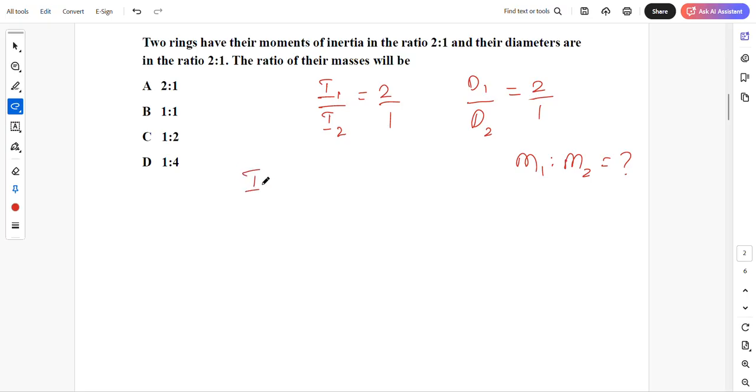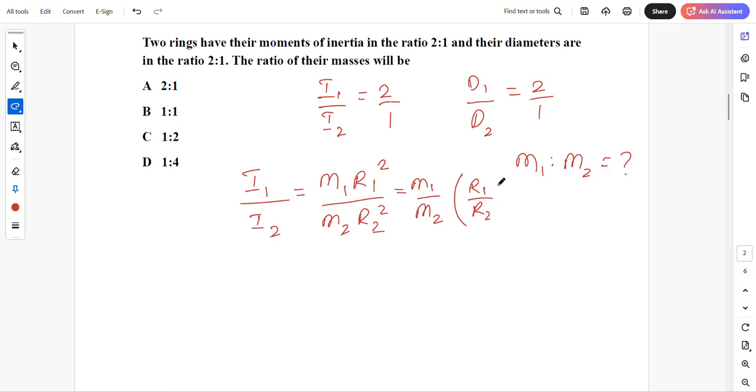We know that for a ring, the moment of inertia I can write as m1 r1 square, m r square we know. m1 r1 square divided by m2 r2 square. The same can be written as m1 by m2 into r1 by r2 whole square.